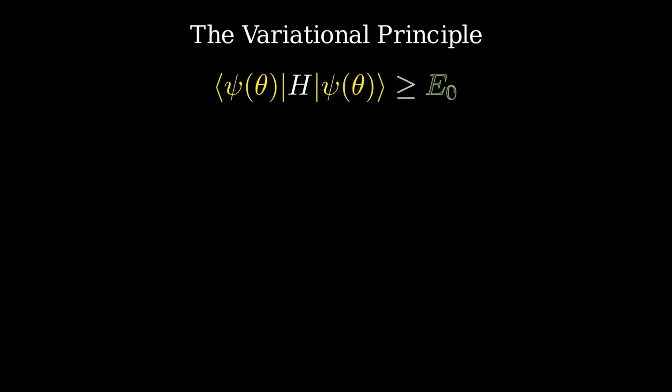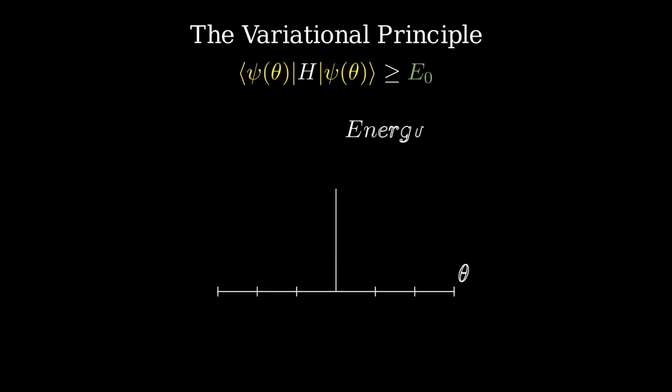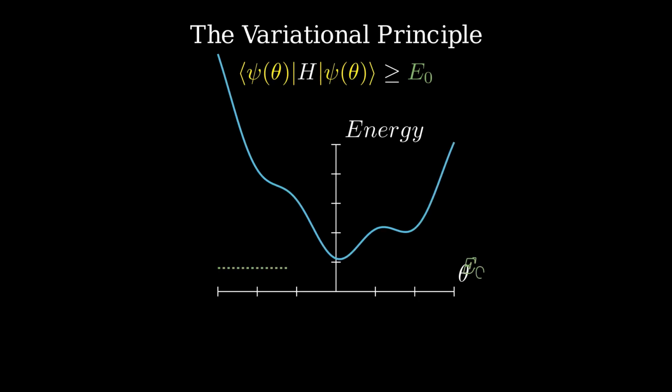Ket psi theta is any trial quantum state parameterized by variable theta, like rotation angles in quantum gates. H is our Ising Hamiltonian, and the expectation value of H is the energy expectation of that trial state. This expectation value will always be greater than or equal to the true ground state energy E naught.